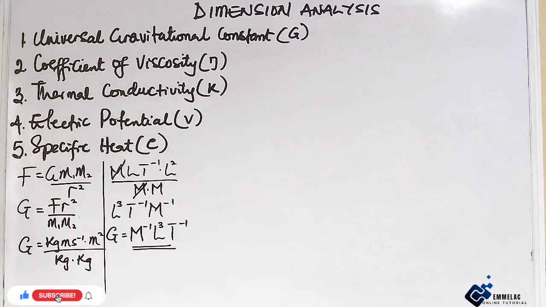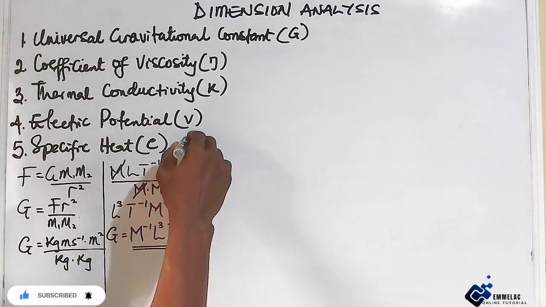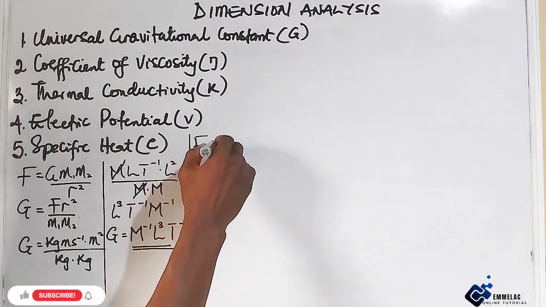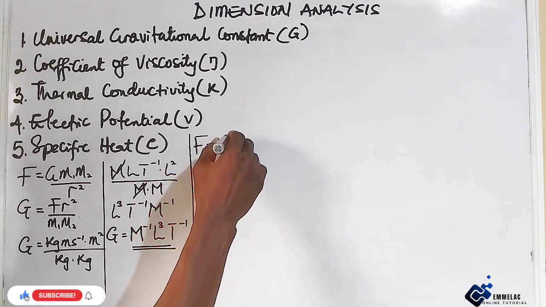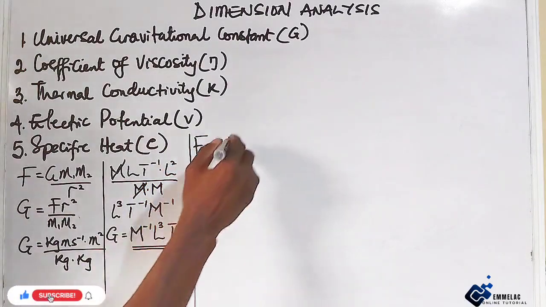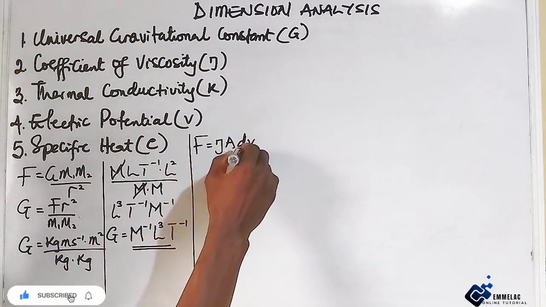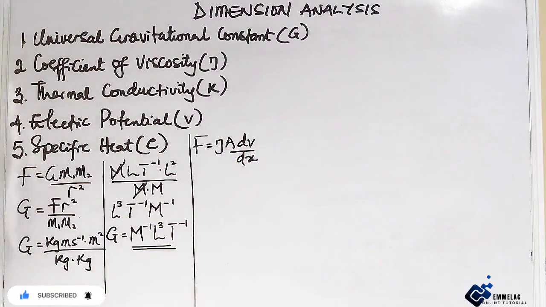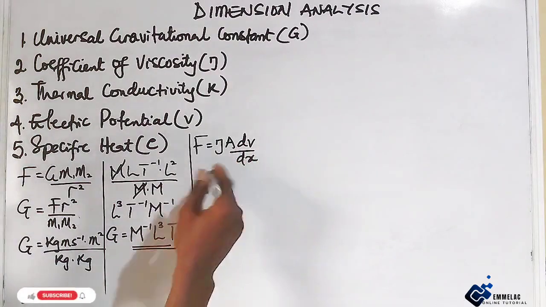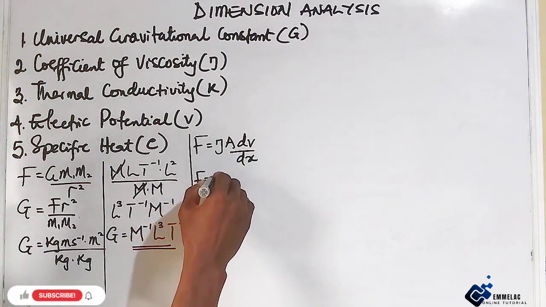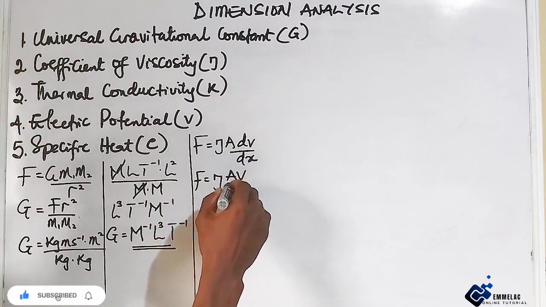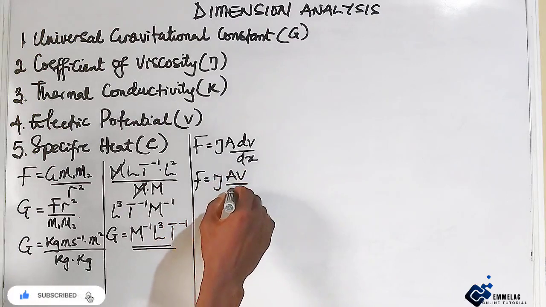Now let us move to the coefficient of viscosity. Let us recall that F equals A dv over dx. You can also write this as F equals the coefficient of viscosity, times area times velocity, all over the displacement.